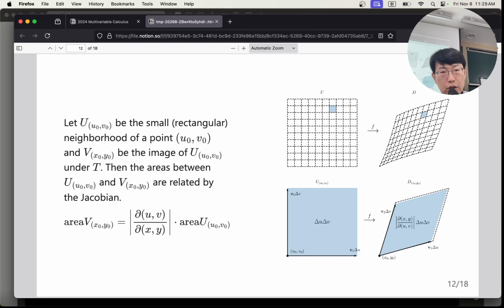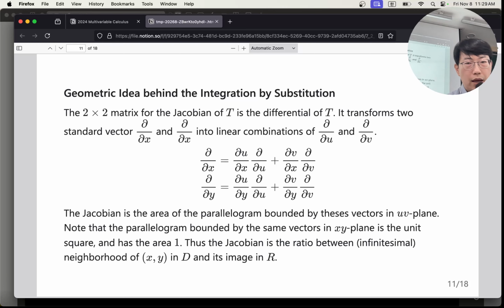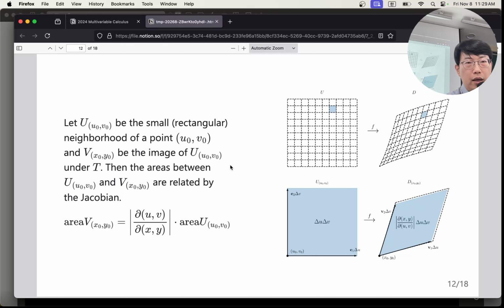Let me give a picture here. There's an idea you can read later. It's a small letter, but anyway. The notation here is different, so let's stick to our notation.